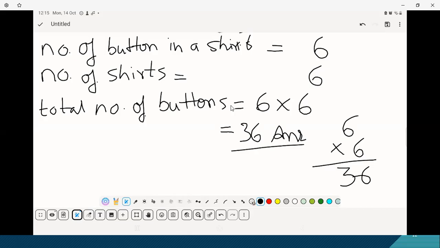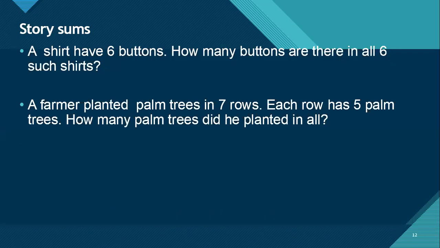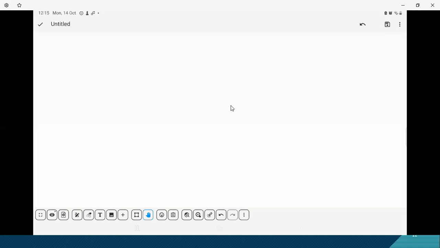Now move to the next story sum. A farmer planted palm trees in 7 rows. Each row has 5 palm trees. How many palm trees did he plant in all? Quickly see on the whiteboard. How many rows are there?